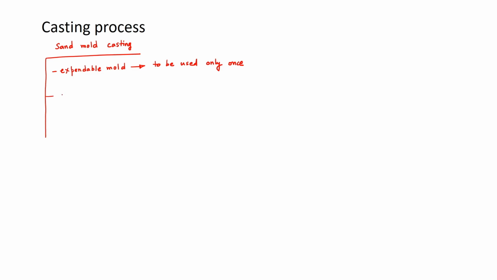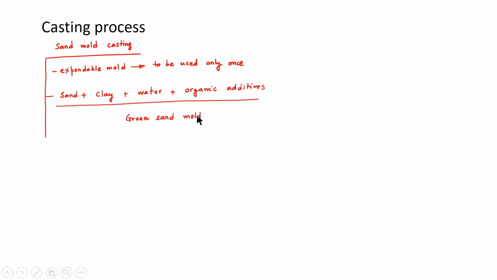In sand mold casting, we are using an expendable mold, which we are using only once. When the sand is mixed with clay and water with certain organic additives, we get the green sand mold.